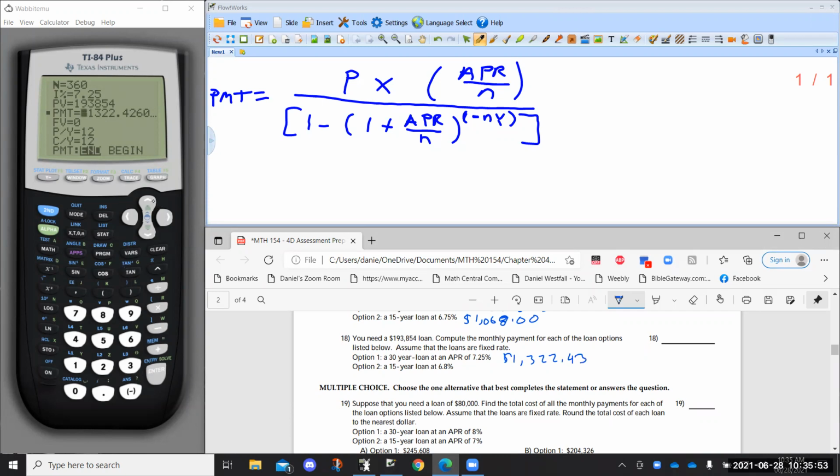We're going to go for the 15-year option at 6.8%. And we're going to get $1,720.81 for our payment.